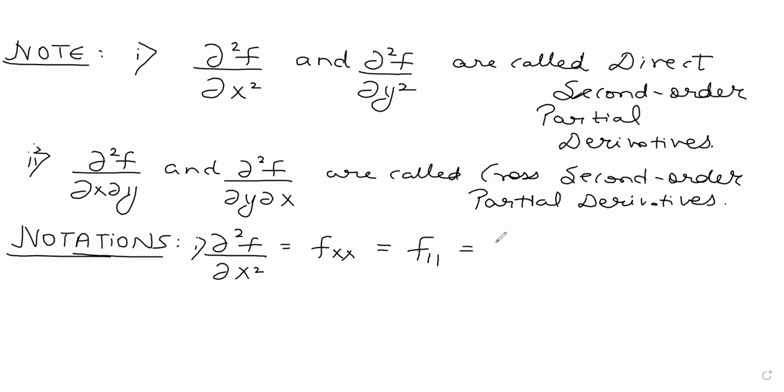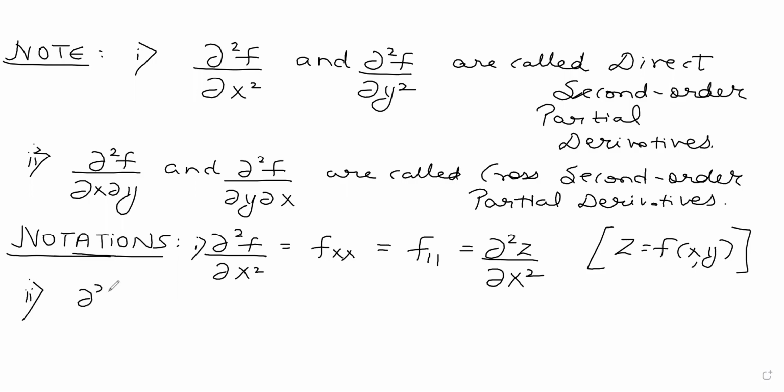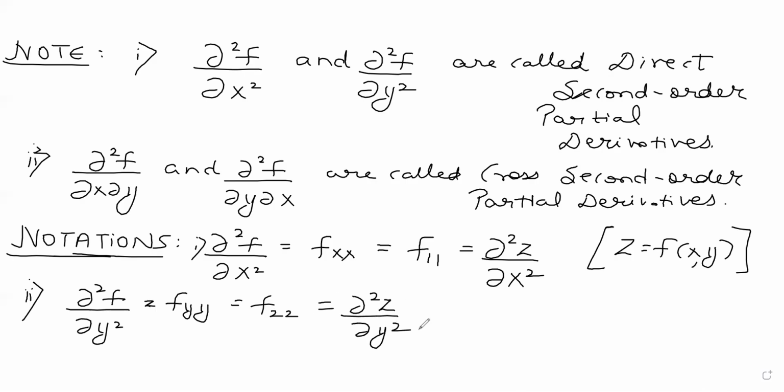And you can also write it as del square z by del x square, assuming that z is a function of x and y. Similarly, del square f by del y square, you can write as fyy. You can also write it as f22. You can also write it as del square z by del y square, assuming that again z is a function of x and y.